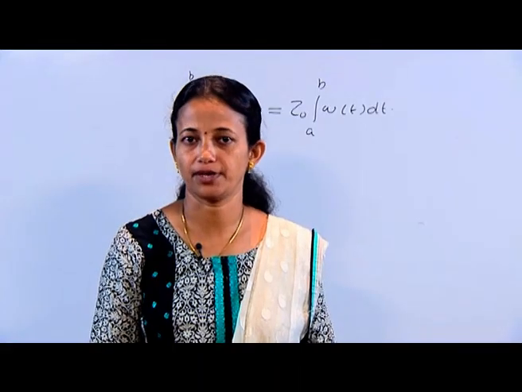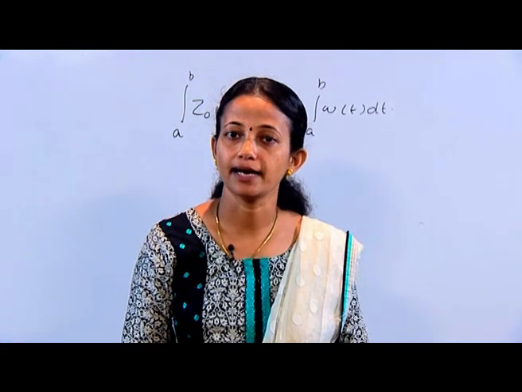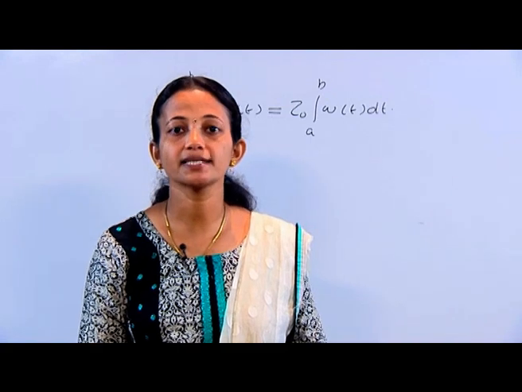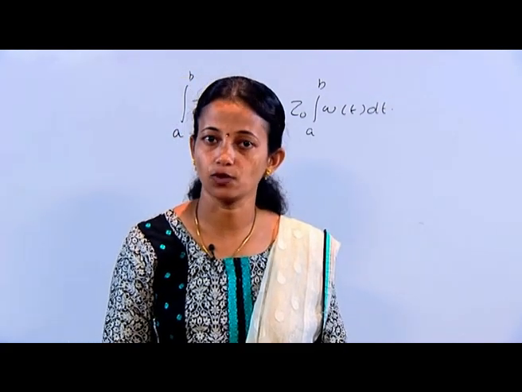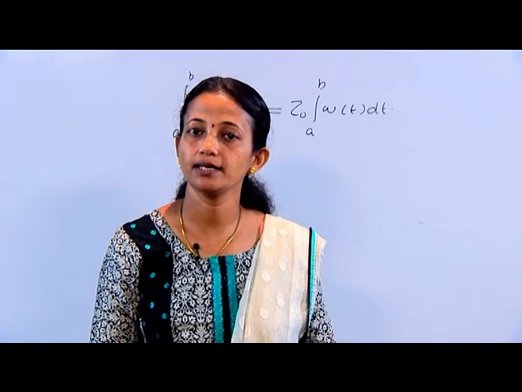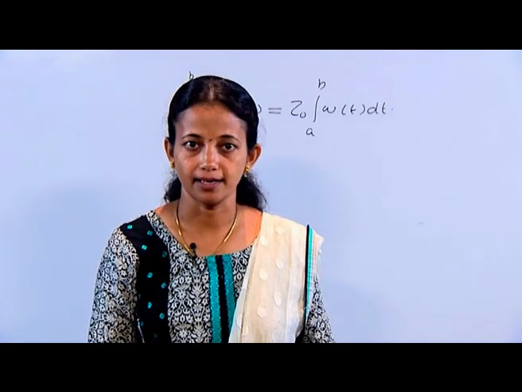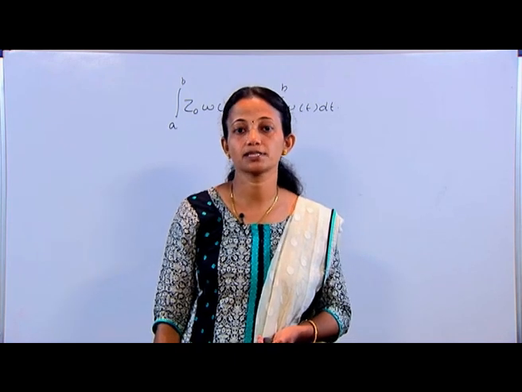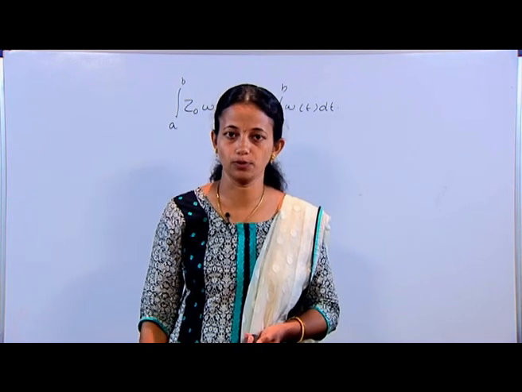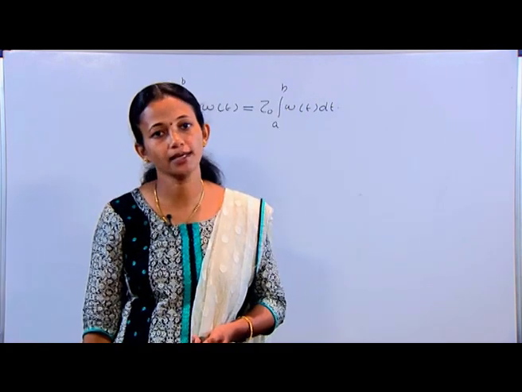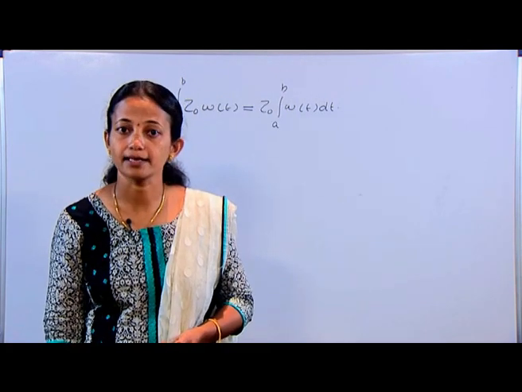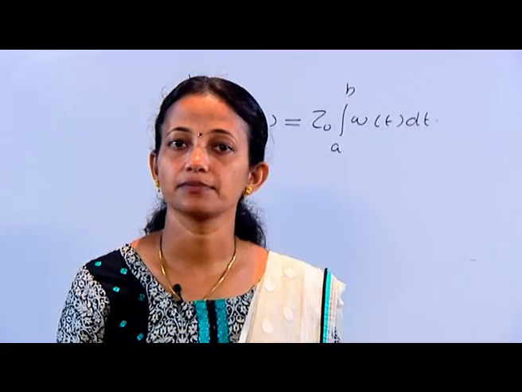Next, theorem number 5. If w1(t) and w2(t) are complex valued functions of a real variable t defined over a less than or equal to t less than or equal to b, then integral a to b of w1 plus w2 of t dt is equal to integral a to b w1(t) dt plus integral a to b w2(t) dt, provided the integrals exist. Next, theorem number 6.